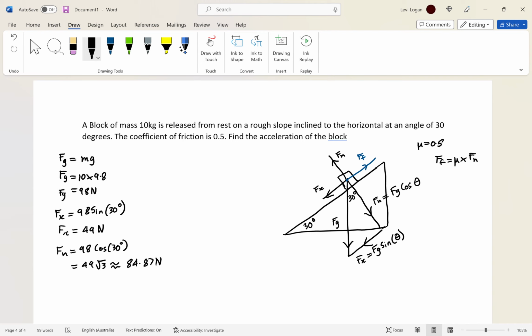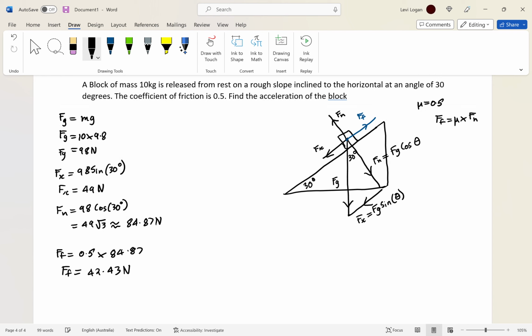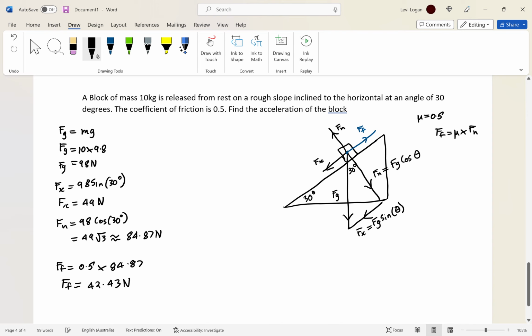Our force of friction is going to be the friction coefficient, which is 0.5, multiplied by the normal force, which is 84.87. So our force of friction is going to be 0.5 multiplied by that. So we're going to have 42.43 newtons.